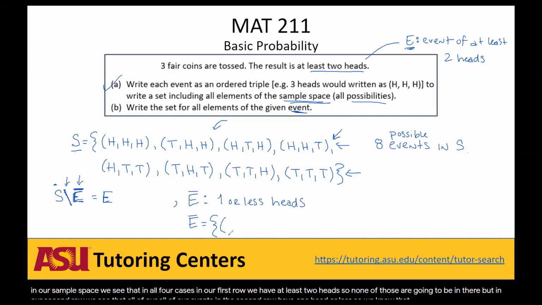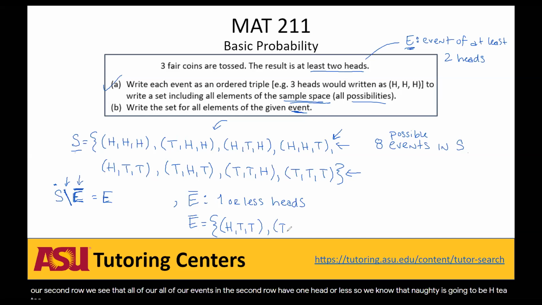So we know that not E is going to be H, T, T, T, H, T, and then T, T, H, and lastly, T, T, T.